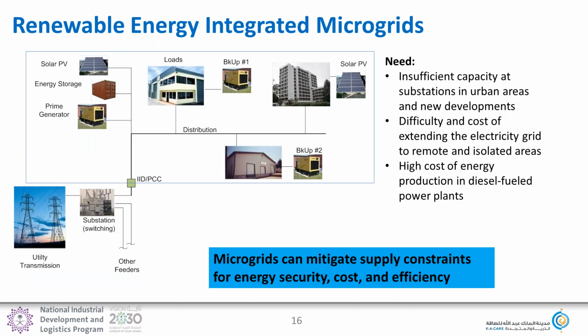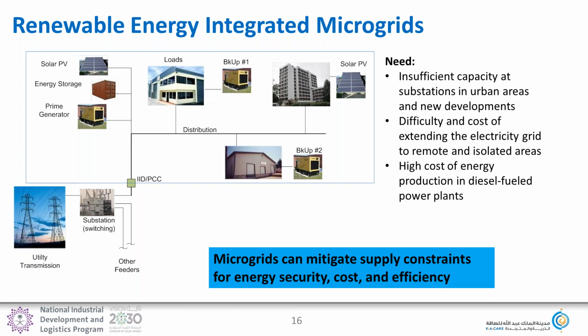Renewable energy integrated microgrids. Microgrids are often thought of as being things for isolated communities, and there are isolated communities in Saudi Arabia that have real needs for microgrids, but there's also, commonly in Saudi Arabia, large loads in the urban centers that are inadequately served by the local substation.